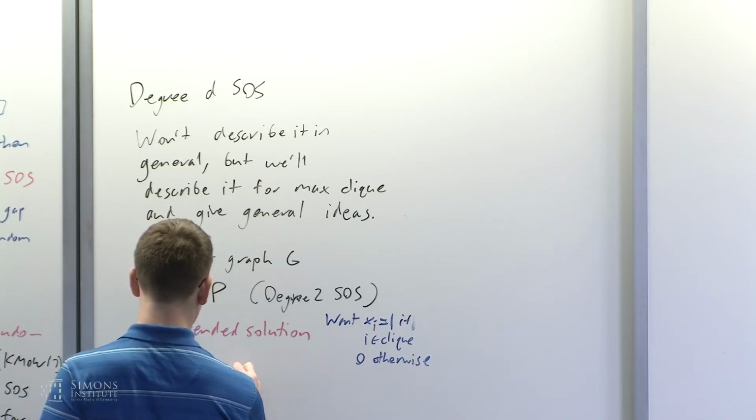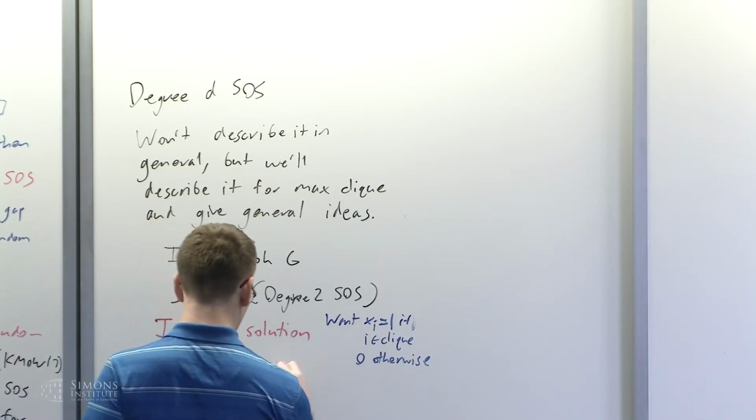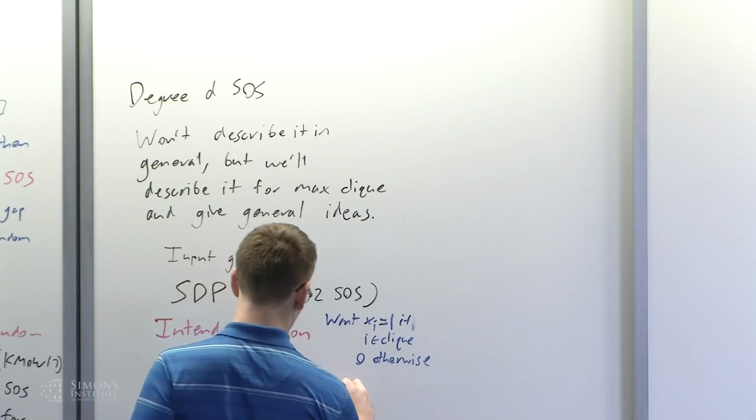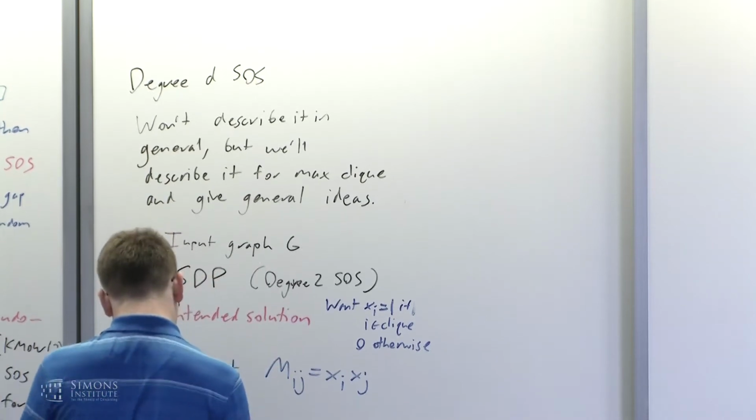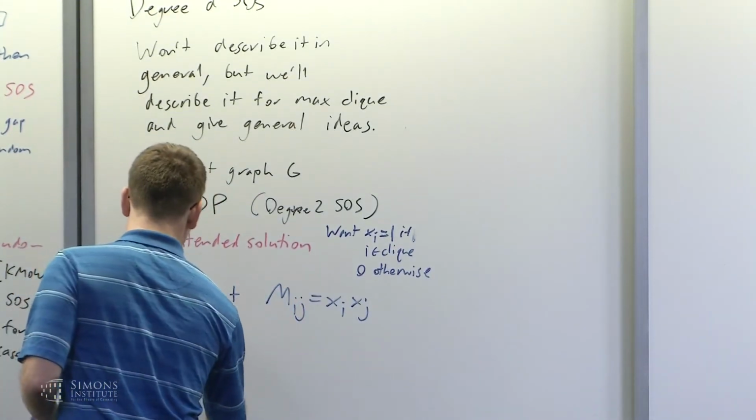And we'll also want that mij equals xi times xj. Now, of course, we'll have to relax this.